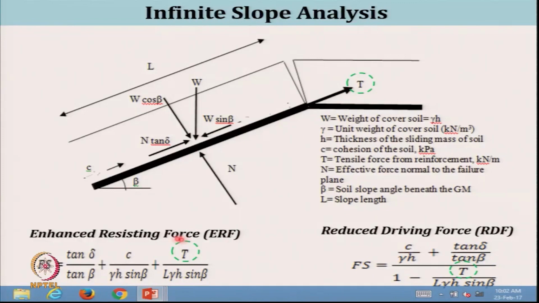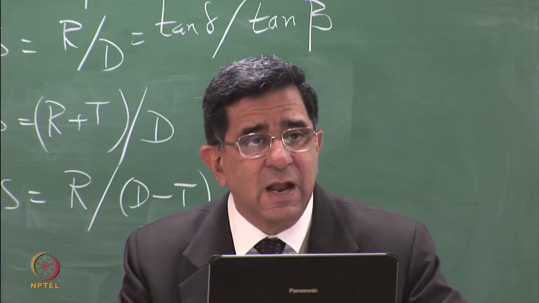The one approach is called the enhanced resisting force approach, and the other is called the reduced driving force approach. This formula is the same as the previous page, only there's a term for C, please remember here. And you do recall that we have said that for residual case, C will be 0, C alpha is 0.